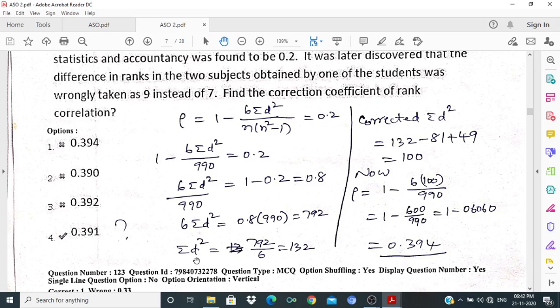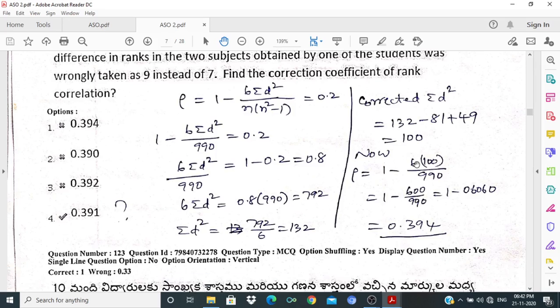I have found sigma d square here is equal to 132. Corrected d square: minus 9 square plus 7 square equals 100. Now I found this, 0.394. They have given the answer as this.